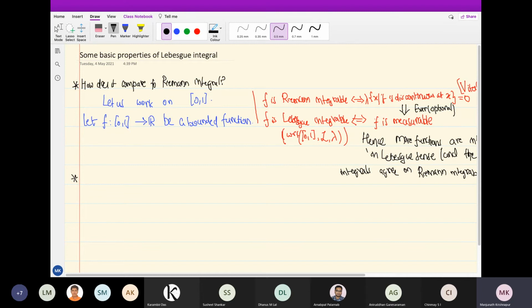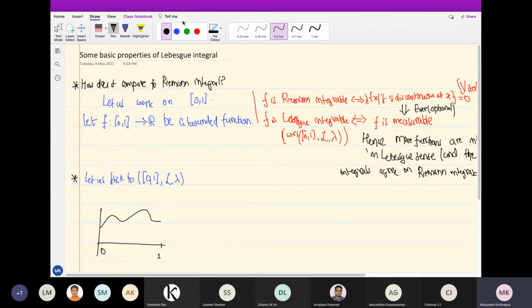So the subtle point, the really clever thing in the Lebesgue integral, again, to make a comparison, let us again stick, just for simplicity, to 0, 1. Okay. So we have some function here. So let's take some function. I have drawn a nice enough looking function on 0, 1.